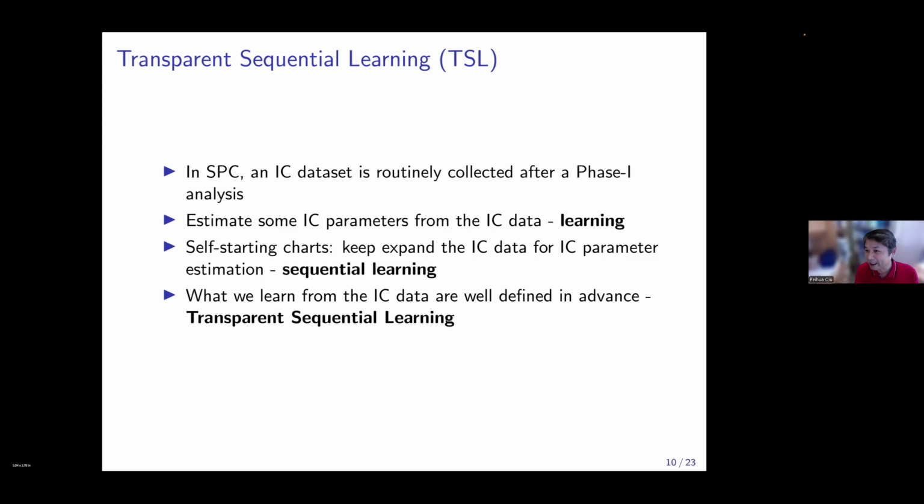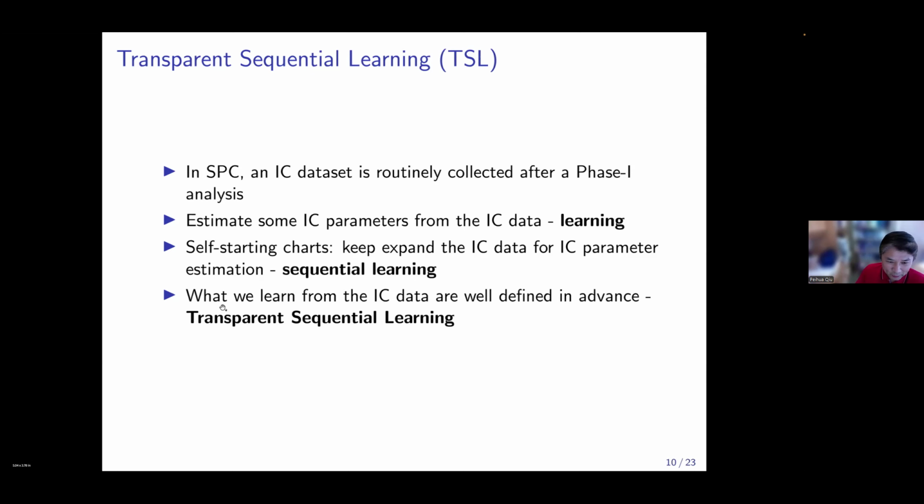Then let's update the estimates of the parameters by using the combined, updated data. That's the idea of the self-starting control chart. That's sequential learning. Sequential learning means the training data keep being expanded, and what we learn keeps being updated.